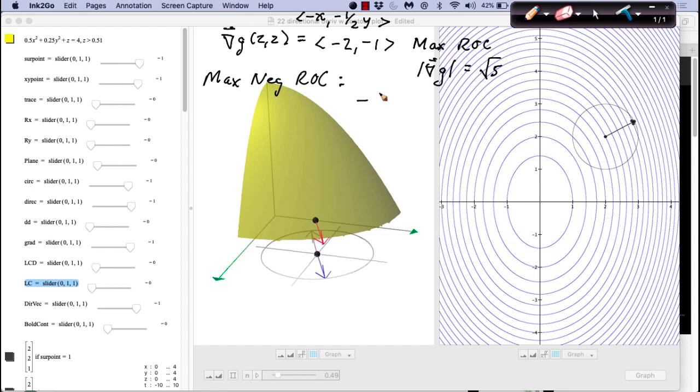And in what direction? Won't it be exactly the opposite direction? So the gradient at 2, 2 is negative 2, negative 1, so it'll be in the direction 2, 1. First quadrant, right? Okay.